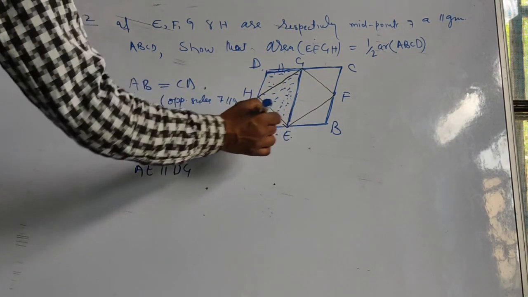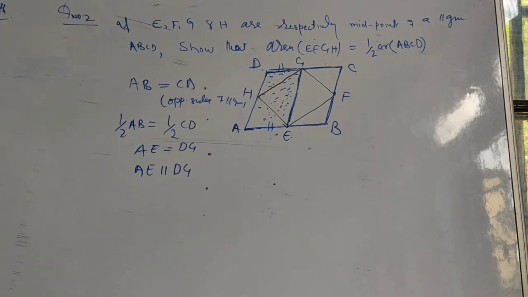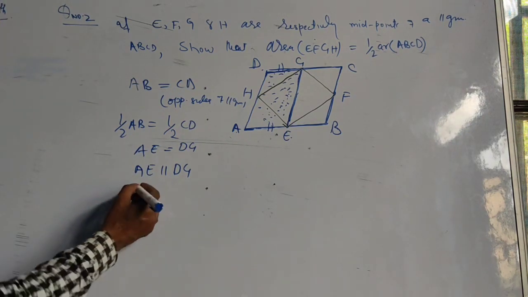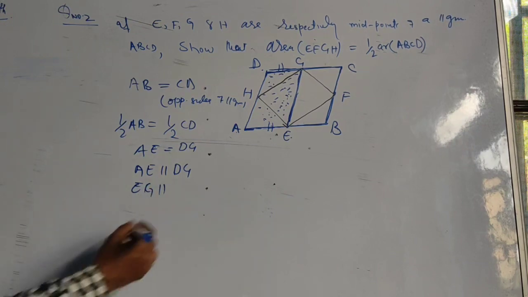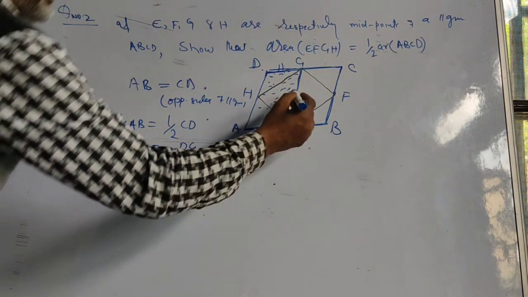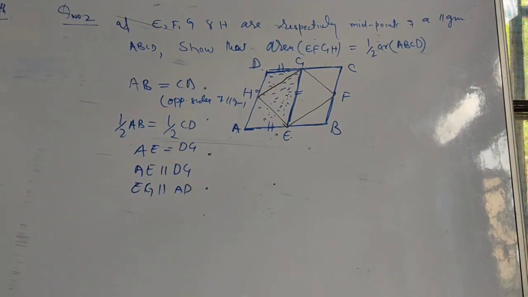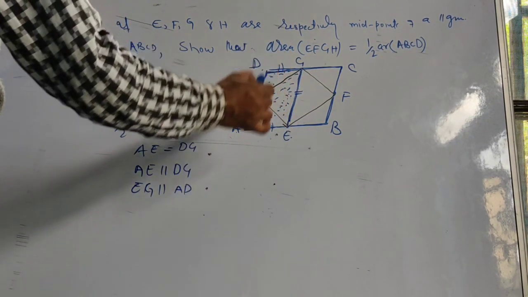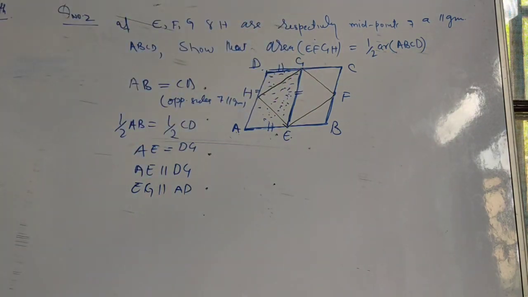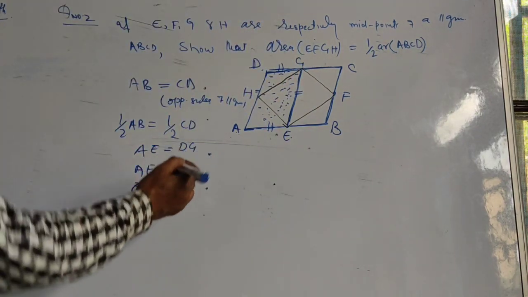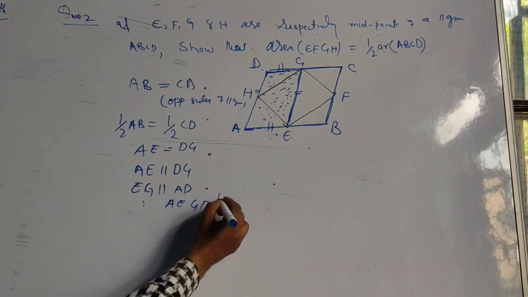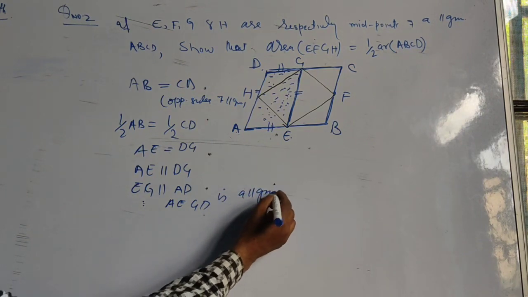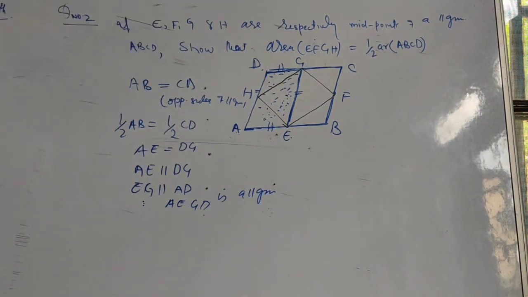In AEGD we have EG parallel AD, EG is parallel AD, AE is parallel DG, then AEGD is a parallelogram. Therefore AEGD is a parallelogram. Its opposite sides are equal, so it is a parallelogram.